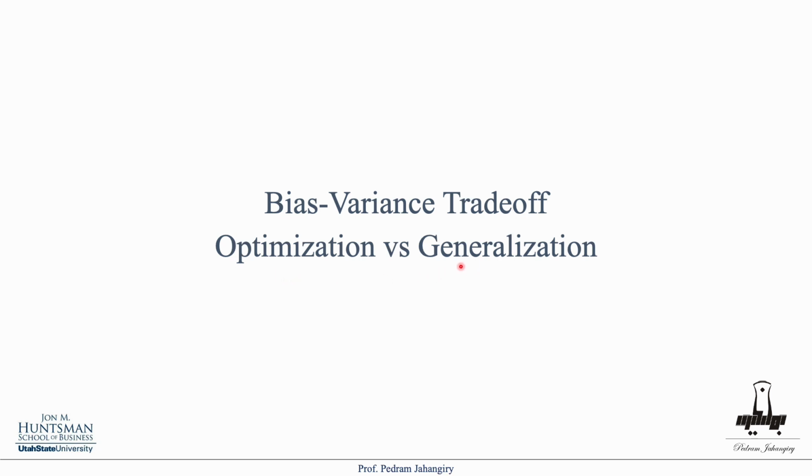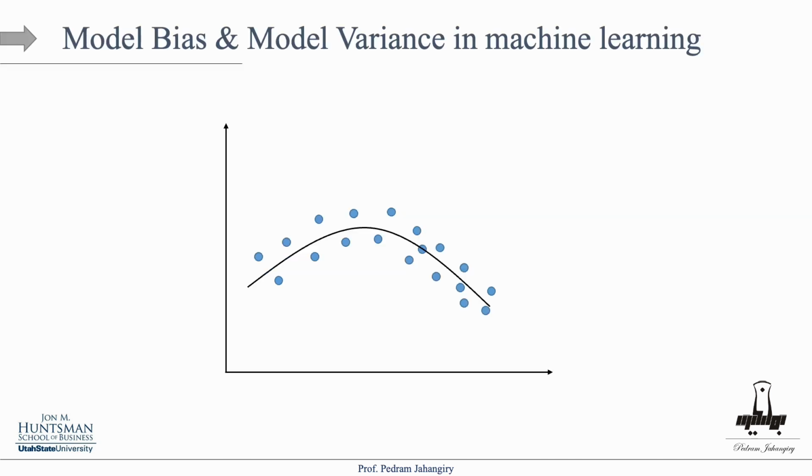So we say that the model is not generalizable, and this is an issue. So where's a good trade-off? What is a good balance between optimization and generalization? In order to answer that question, we need to understand the concepts of bias and variance. So let's cover them.